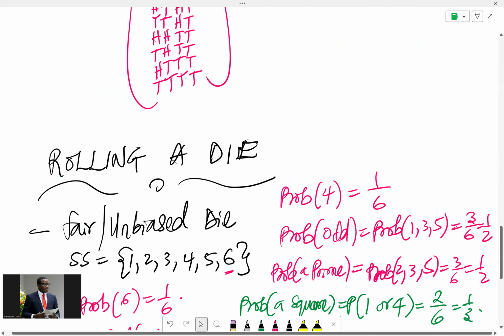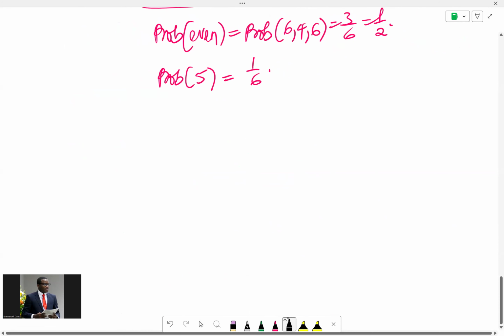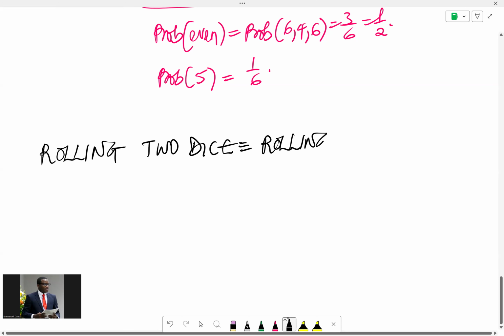So let's move on to rolling 2 dice. And of course, that is equivalent to rolling a die twice.